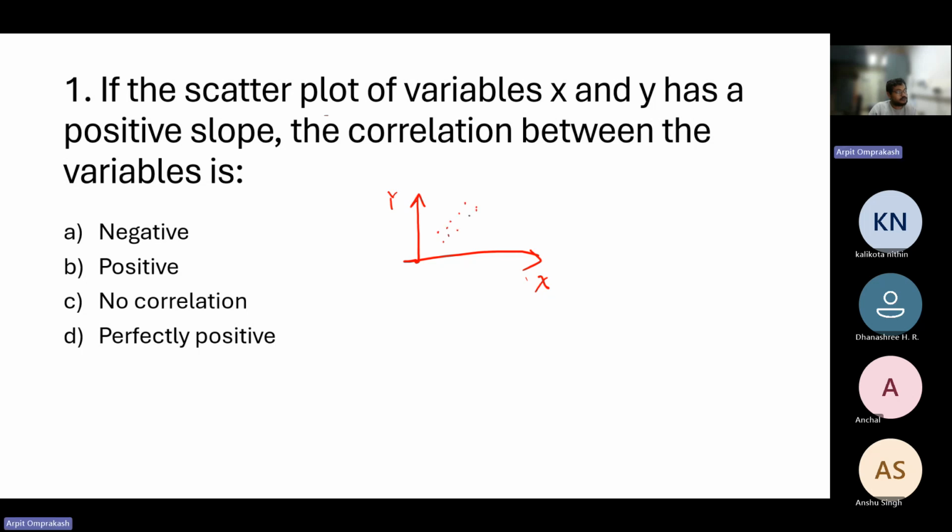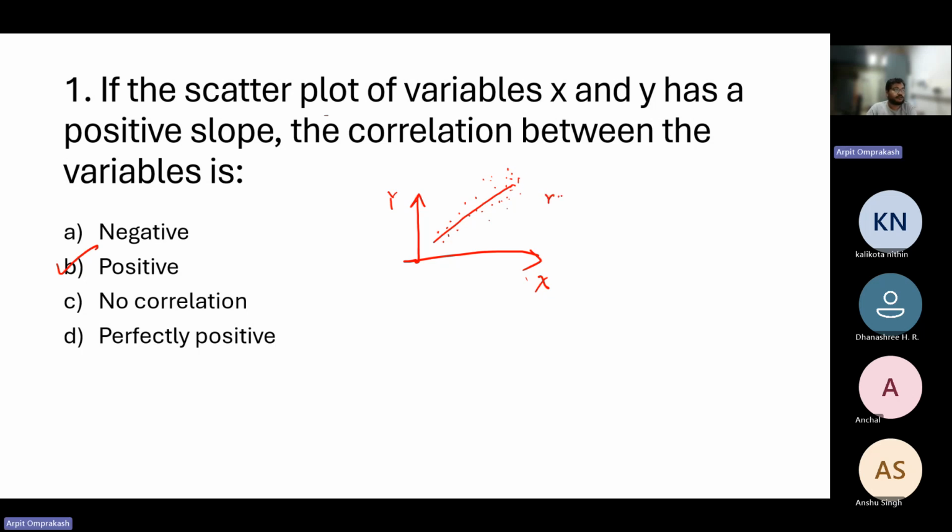So it's something like this. So the correlation would be positive, right? Because as x is increasing, y is also increasing. It will be positive.